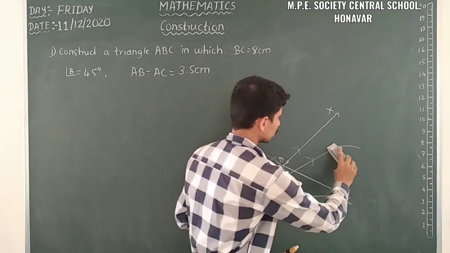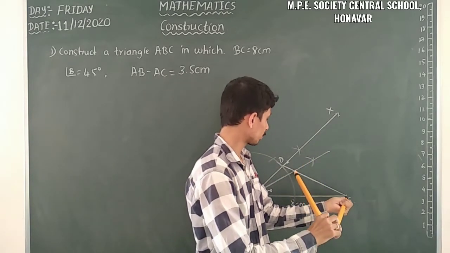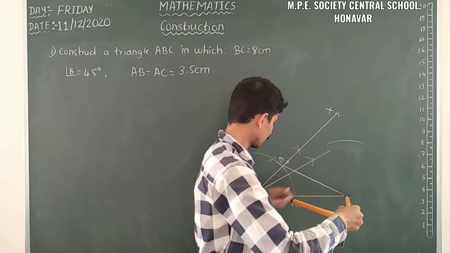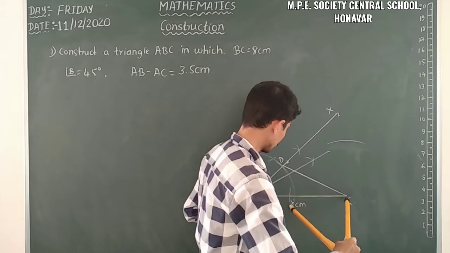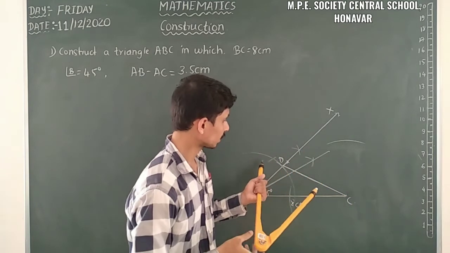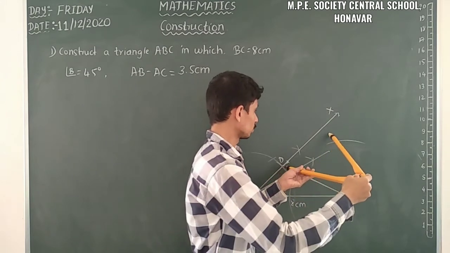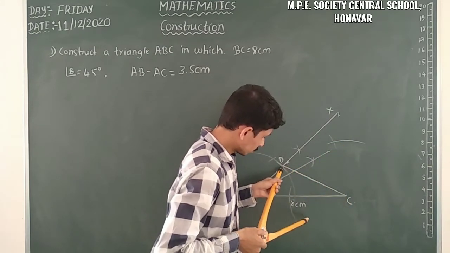Then take the same radius from D and draw curves cutting the previously drawn curves.